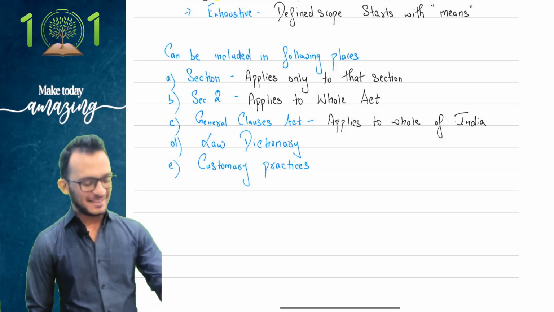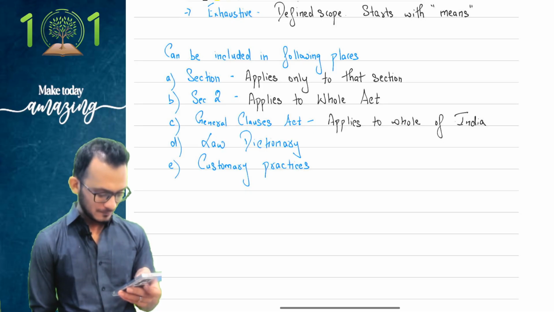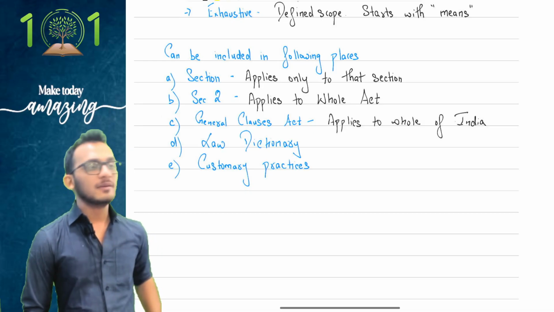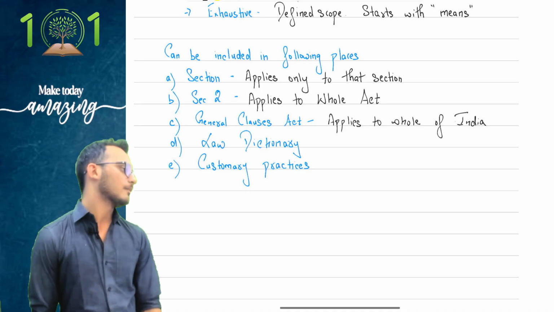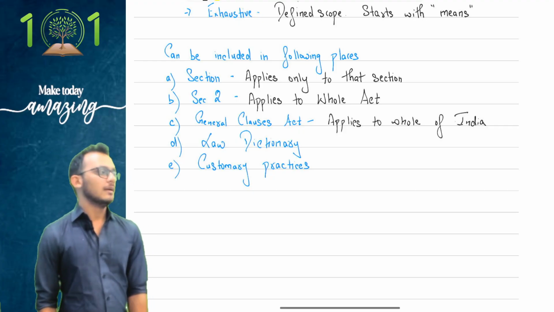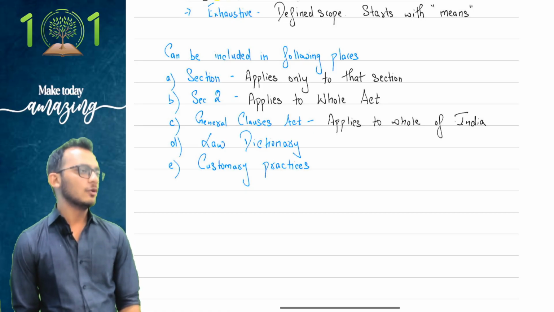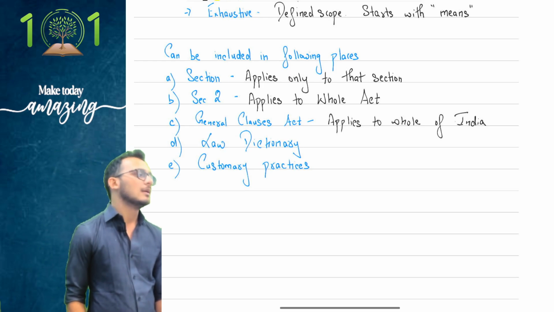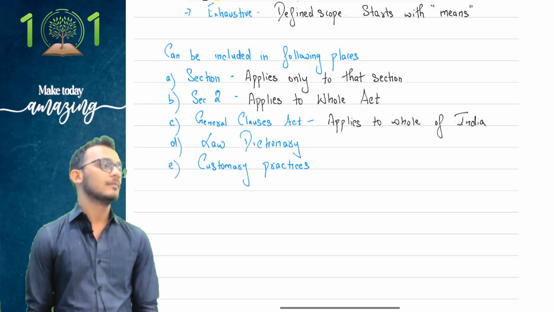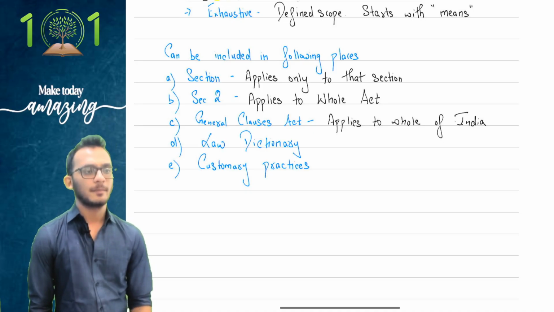Types of definition. Under that, point number one is inclusive. An inclusive definition provides a wider scope and may include other related generic items.